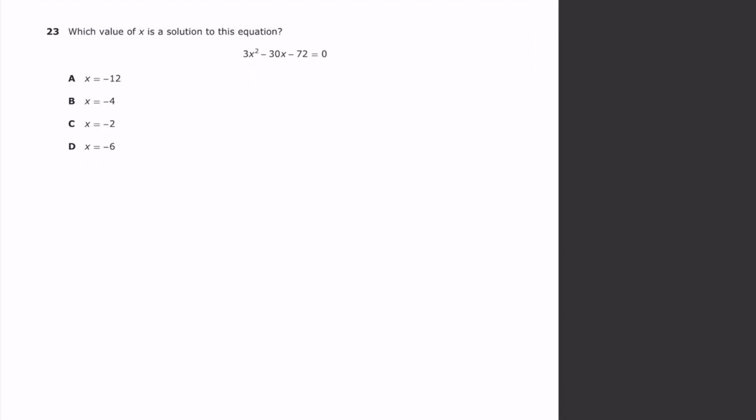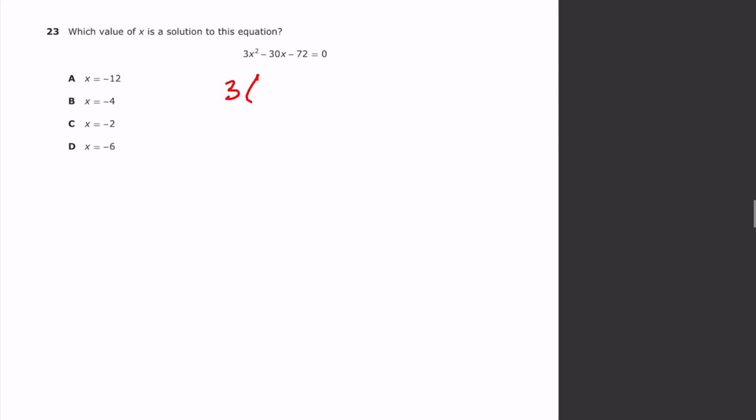Which value of x is the solution to this equation? So there's a leading coefficient here for this quadratic equation. So now what can we do is, there's a common factor for all the three, I think.